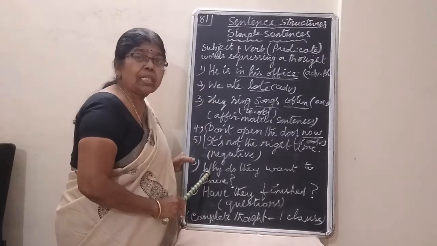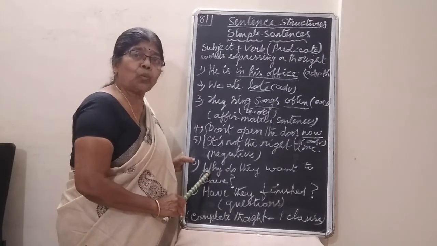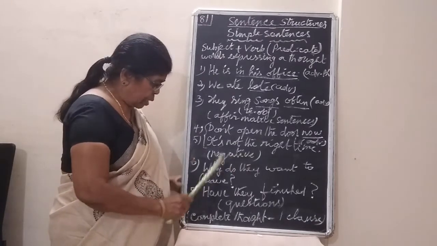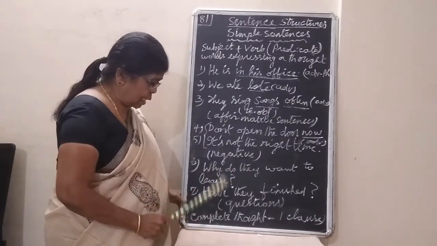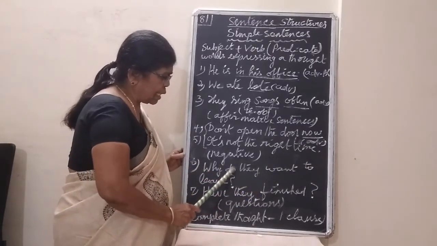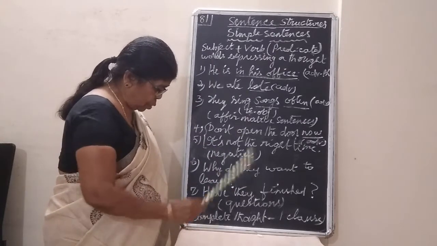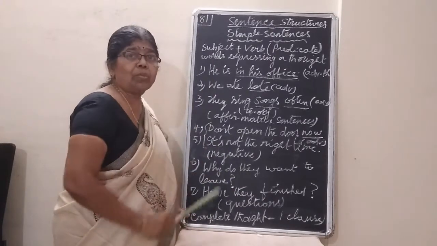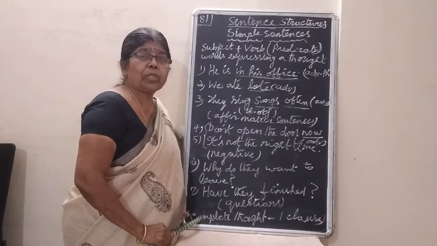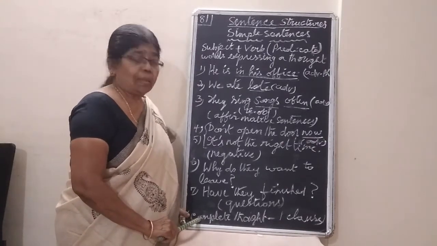And with these WH words also we start questions: why, which, where, when, what, who, whose, like that. We put a question mark at the end. But one subject, one predicate. So all these simple sentences express one complete thought, one idea about the subject.